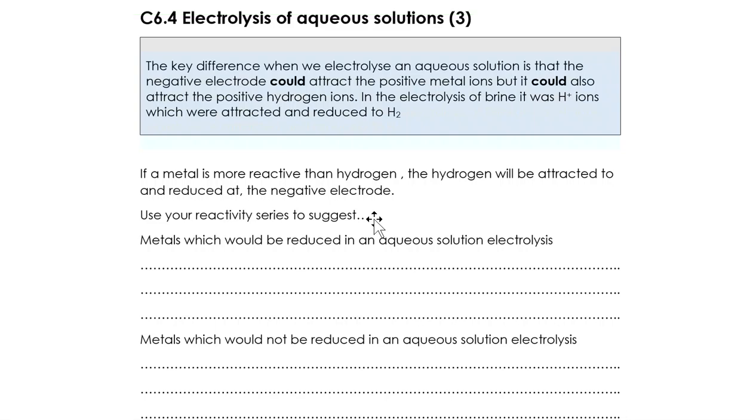But if we have a metal that's lower in the reactivity series than hydrogen, then we will actually reduce the metal, not hydrogen. So you can take a look at a copy of the periodic table, or the reactivity series, and you can see that really there are 2 or 3 metals that would be reduced even in aqueous solution.